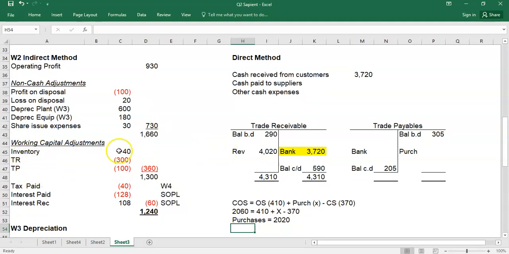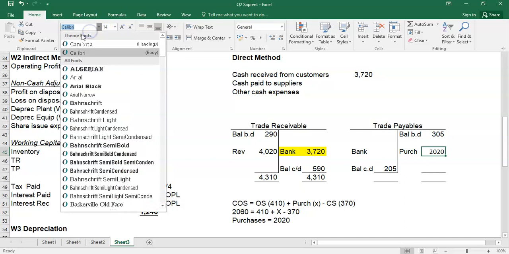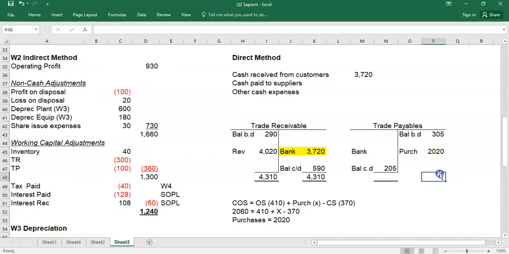The inventory is used, because all the same figures are used, it's used as part of calculating purchases. So that essentially means that if we didn't pay anything to our trade payables during the year, we should have owed 2325 at the end of the year. We actually only owe 205, so we must have had credited bank, debited trade payables, 2120, which is a cash outflow during the year.